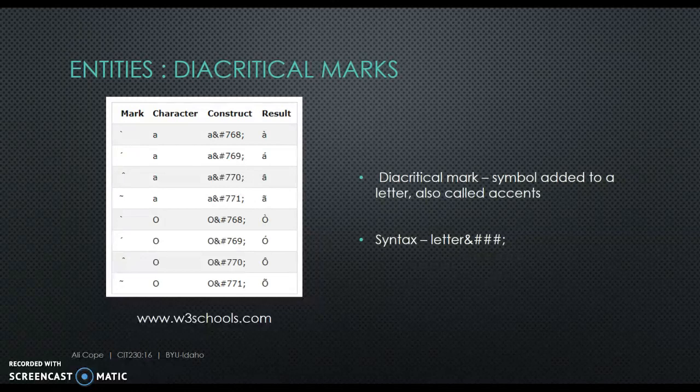So you can see here that for A and for O, we have listed several accents, and the accent number represents the symbol that is above the letter, and then the letter itself is what's listed before the ampersand mark.